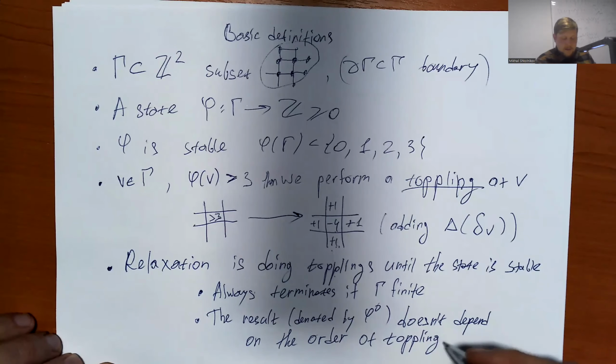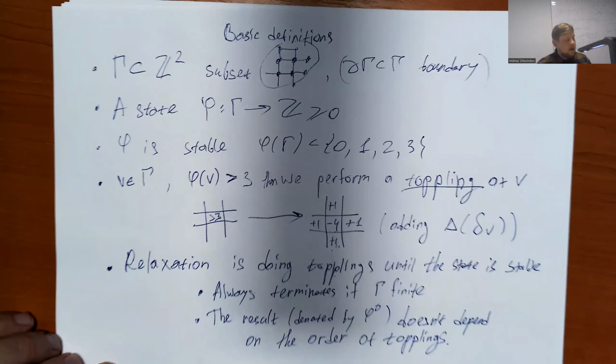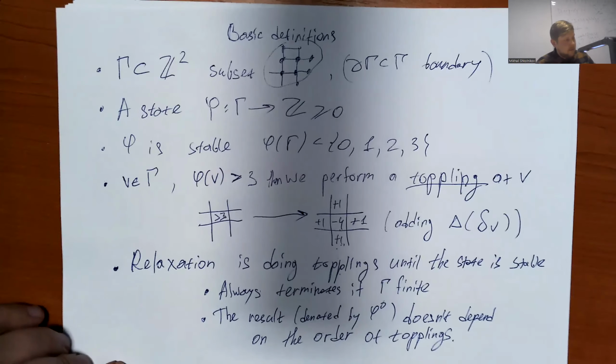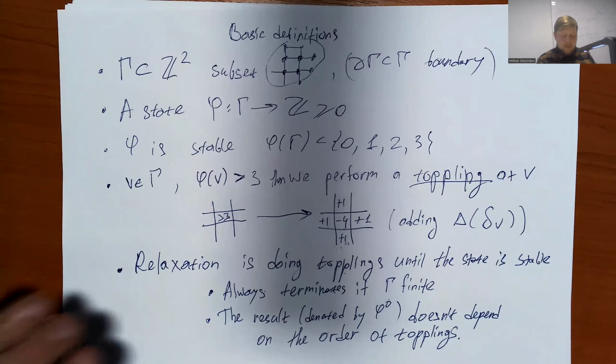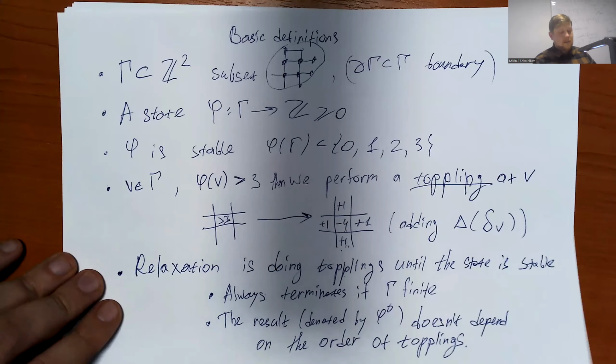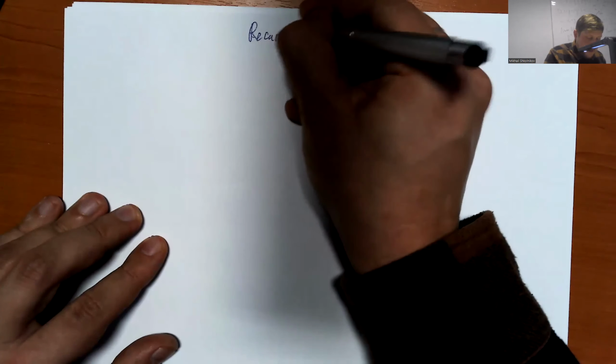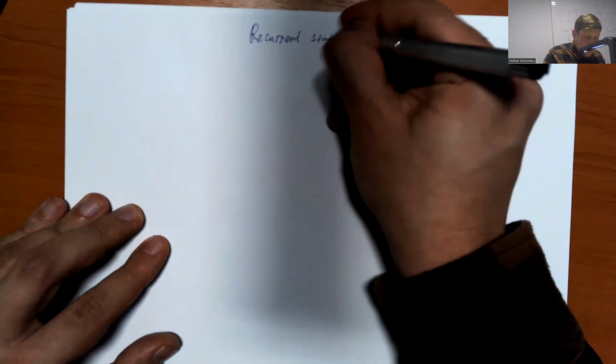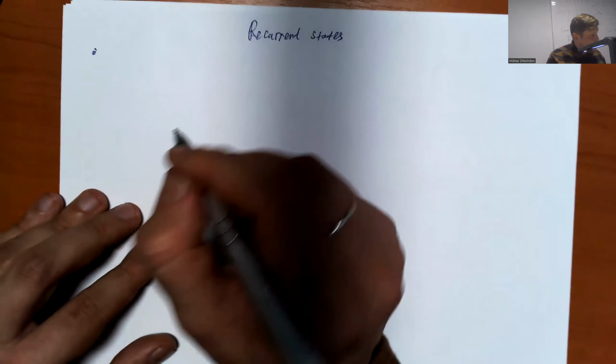This is one of the reasons why people also add the adjective abelian to the Sandpile model. So, currently, I guess there is no non-abelian Sandpile model, but abelian also means that there is some abelian group floating around, and we just go to this. So we go to recurrent states, which will constitute a specific abelian group of states on gamma.